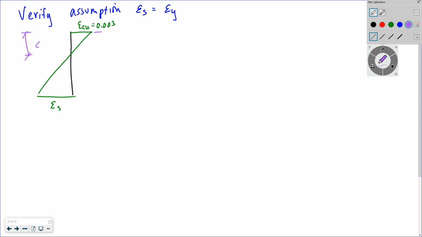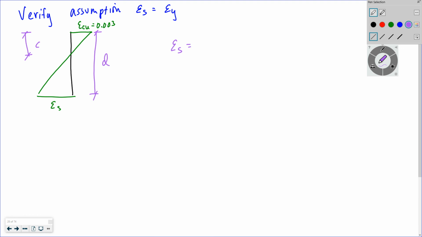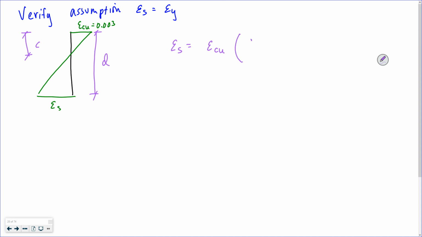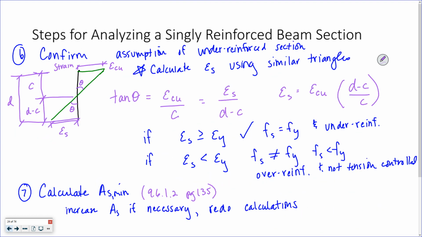This is C. This is D. So I need to solve for epsilon S. Strain in my steel is equal to the strain in my concrete, assuming it's 0.003, times D minus C over C. That's from back here.